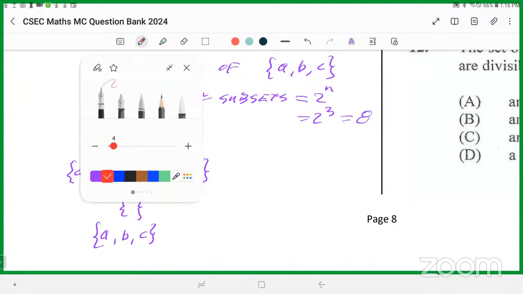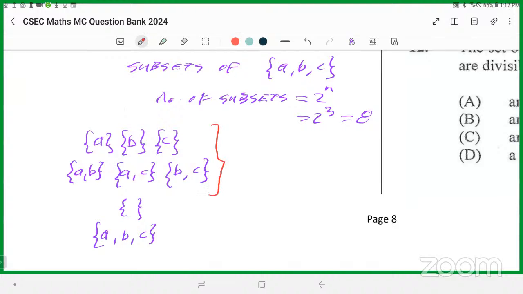These subsets, which are like parts of the whole set, are called proper subsets. So if we get a question about this, you'll know. And these two, the null set and the full set, are called improper subsets.